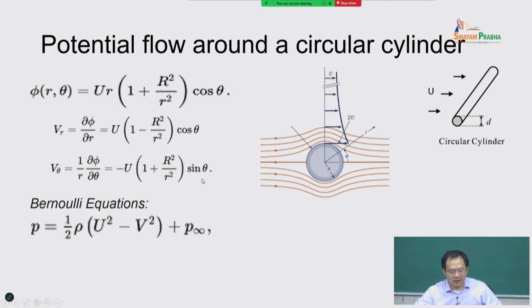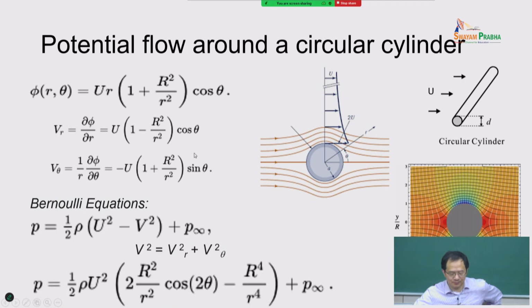After you get that, we already learned the Bernoulli equation, right? Along a streamline like that, you look into the Bernoulli equation, and from it you can get the pressure. Here U is at infinity distance, and V is the velocity around the cylinder. So P infinity is the pressure at infinity distance.